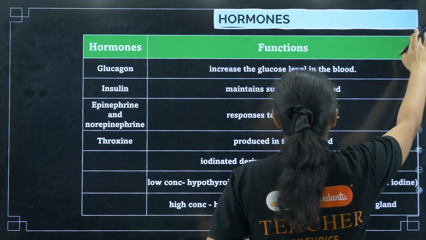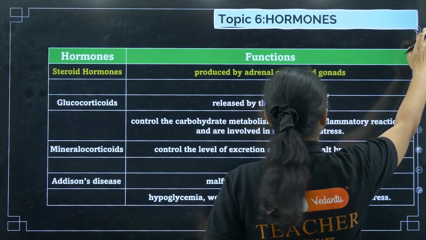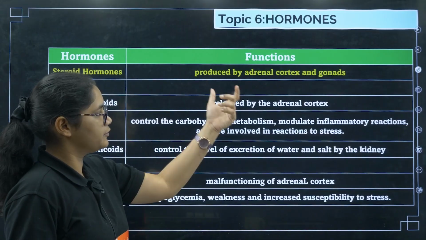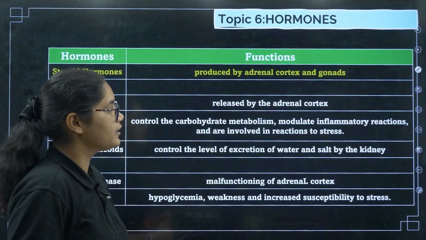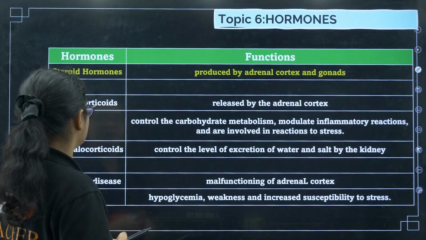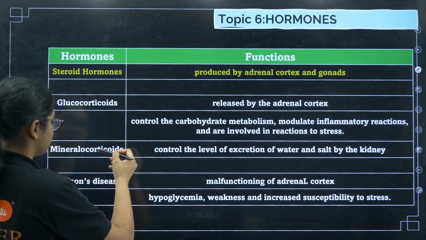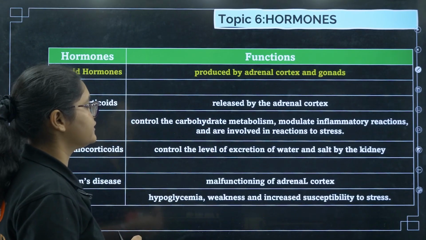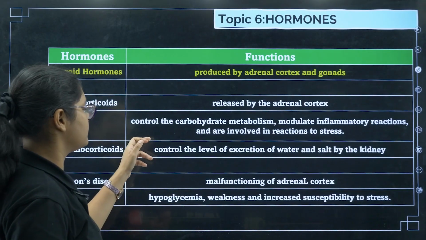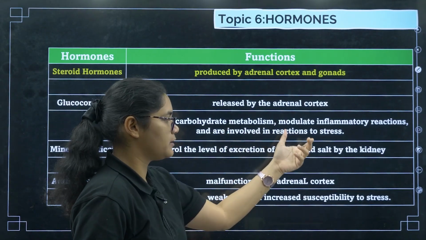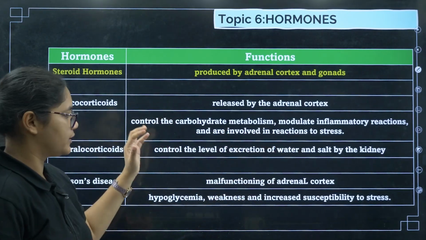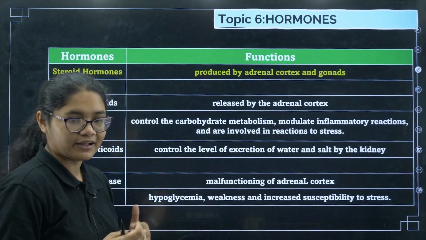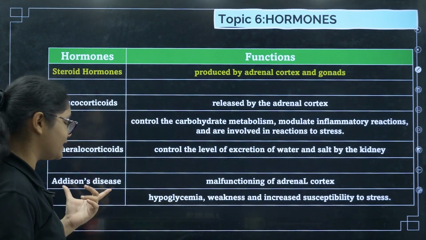Then we have steroid hormones, which are produced by the adrenal cortex and gonads. Here are glucocorticoids and mineralocorticoids, which are produced by the adrenal cortex. Glucocorticoids control carbohydrate metabolism and inflammation, so you can read this. Mineralocorticoids maintain the level of excretion. Here one disease is also there, Addison's disease.